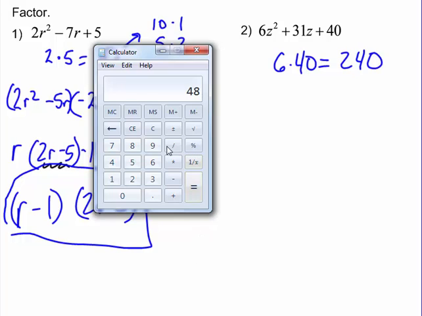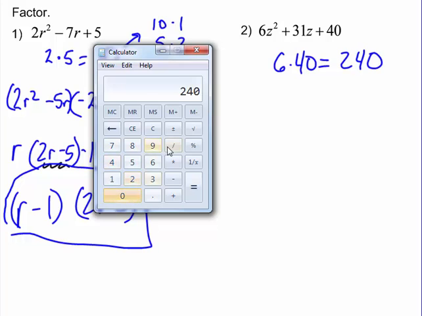So that doesn't work. 6, so 240 divided by 6 equals 40. So that's 46. I'm getting closer. 240 divided by 7. I'm just going up one number at a time. Nope, can't use that one. 240 divided by 8. 30 and 8 doesn't work.